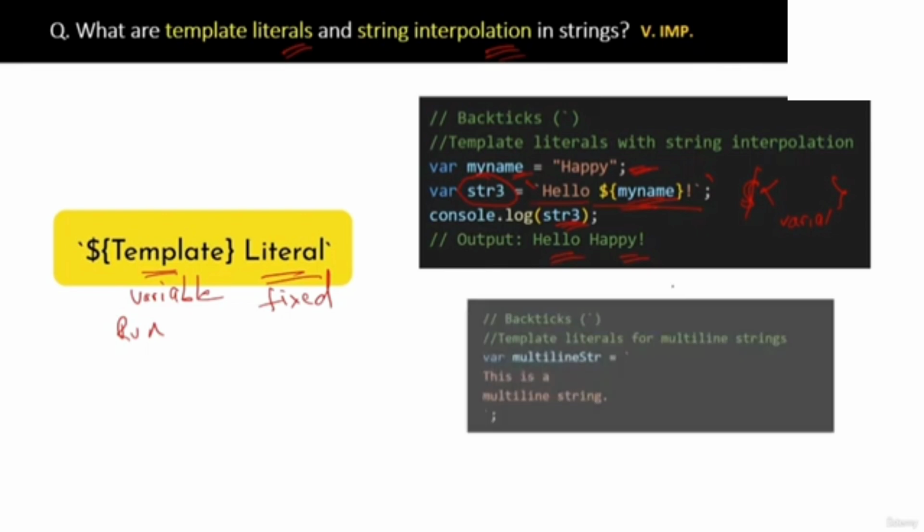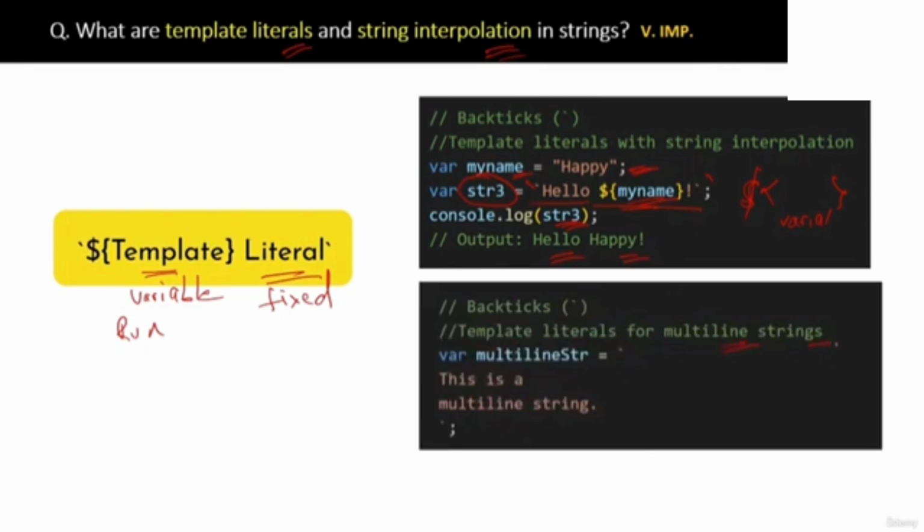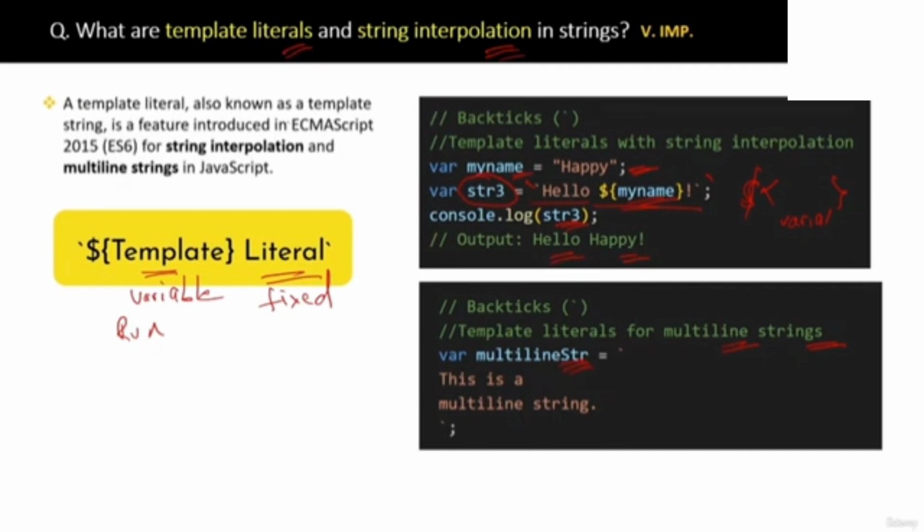Also, template literals can be used to store multi-line strings like this. Great. Finally, the definition of the template literal is: a template literal, also known as template string, is a feature introduced in ECMAScript 2015, ES6, for string interpolation and multi-line strings in JavaScript.